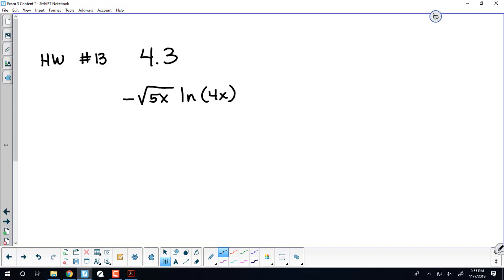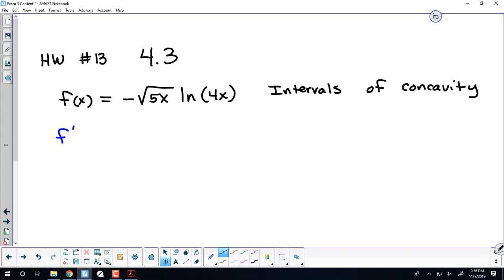And you have to find the intervals of concavity. Oh yeah, someone else had a question about this. It's really quite tedious, because the first derivative is not too bad, but the second derivative has 2 quotient rules. Is the negative outside? Yeah, the negative is outside of this. Okay, all right, intervals of concavity.